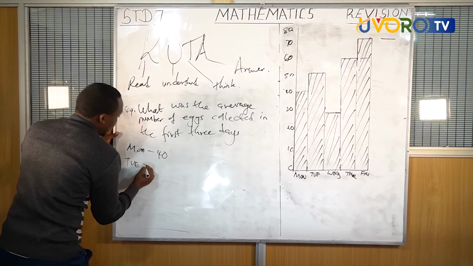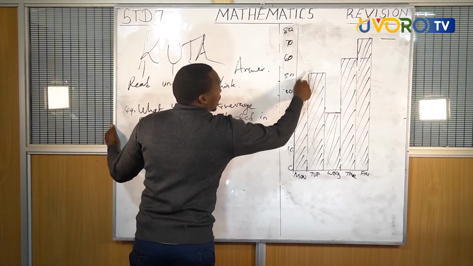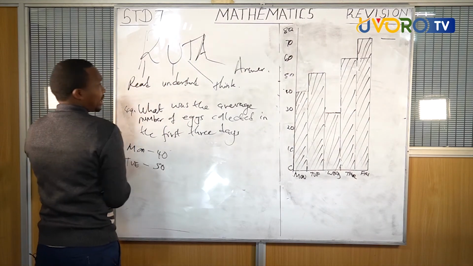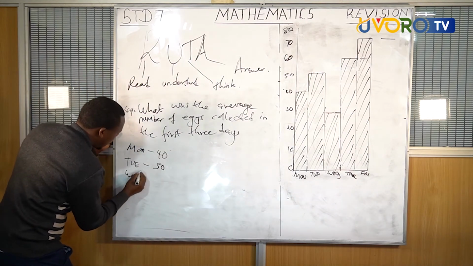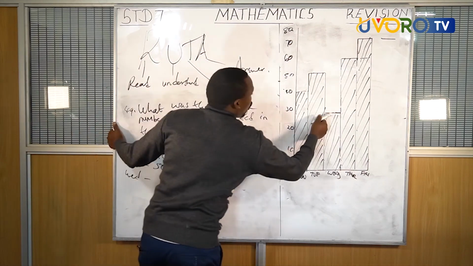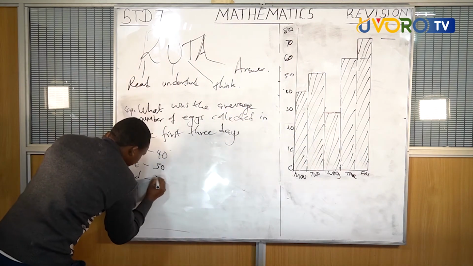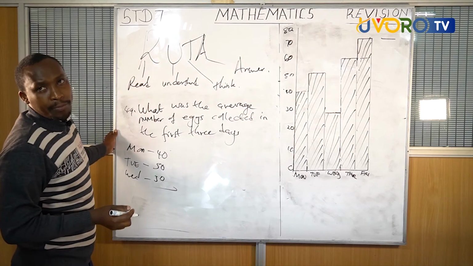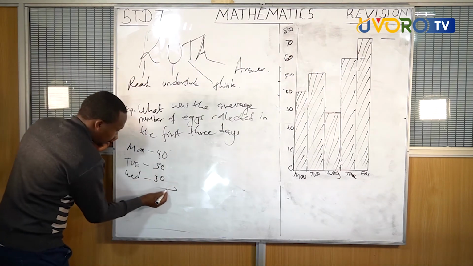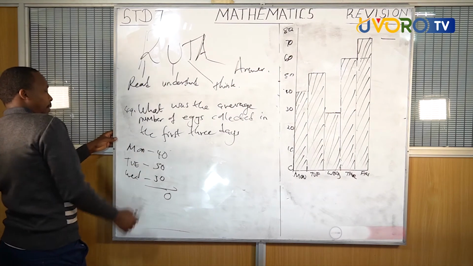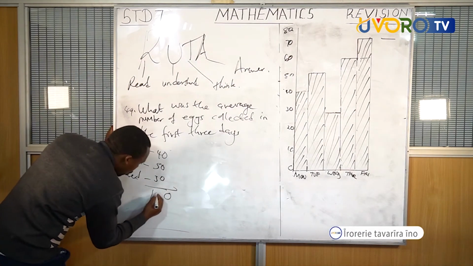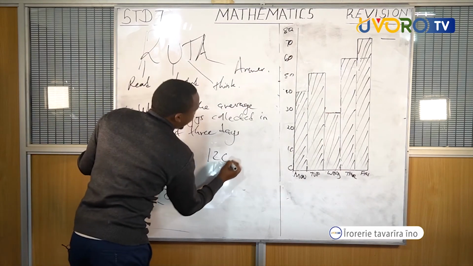Tuesday, let's read all of us, it is 50. Now, the third day, that is Wednesday, they produced 30 eggs. So, how many eggs altogether did they produce? 0 plus 0 plus 0 is 0. 4 plus 5 is 9, plus 3, 12. 120.